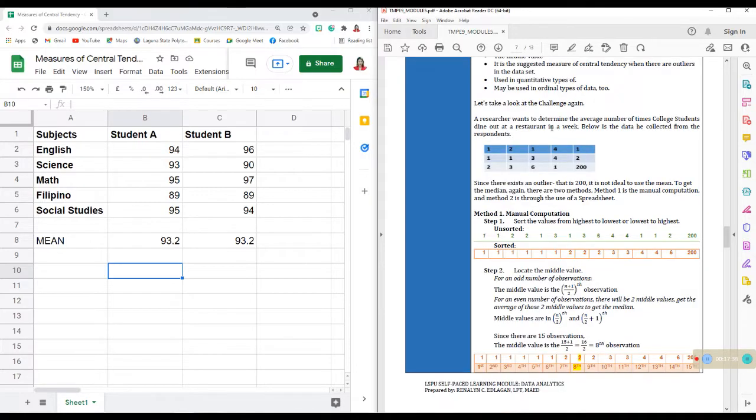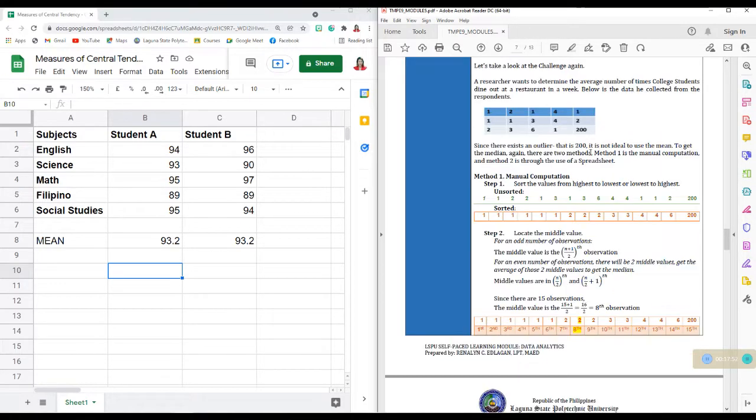Okay, now let's look at the challenge again. A researcher wants to determine the average number of times college students dine out at a restaurant in a week. Below is the data he collected from the respondents. May nilagay ako dito na manual computation, pero sabi ko nga, since iniiwasan natin to, I just placed it here so you can have an option.